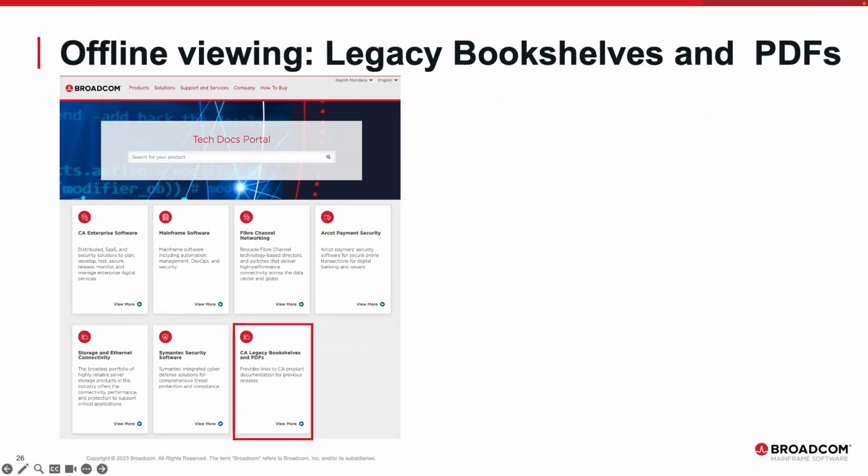If you want to look at content from previous releases, you can search through the legacy bookshelves, or you can download PDFs and use those to search. On the TechDoc portals page, you'll notice that we have several boxes right below, and there is a CA legacy bookshelves and PDFs box, and you can click that and get to the items.